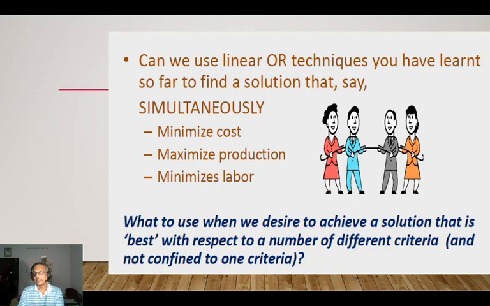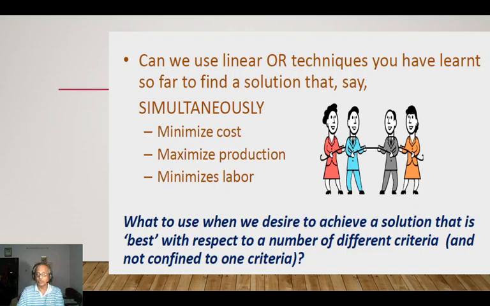But the question is, can you use the linear operation research techniques we have learned so far to find a solution for goal programming? With goal programming, you are supposed to simultaneously minimize your cost, maximize your production, and also minimize your labor.